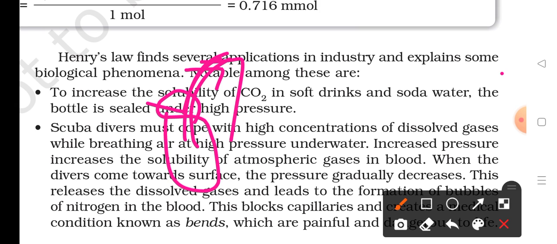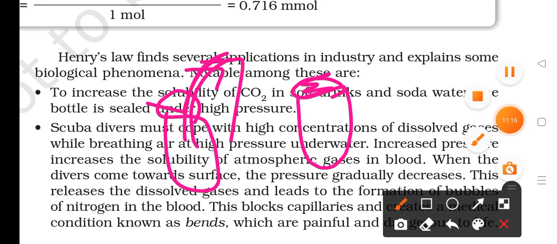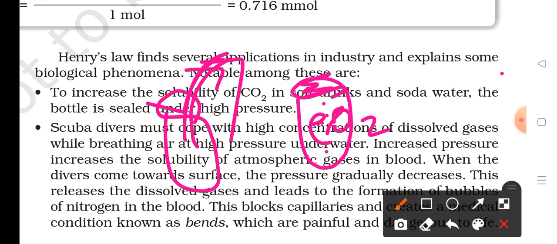Why does this happen? Because in that soft drink, they want it to last for a long time, so they dissolve CO2 in it, so that it will remain safe for a long time. But we know that if we have to add any gas to a liquid, we need to apply some pressure on it.